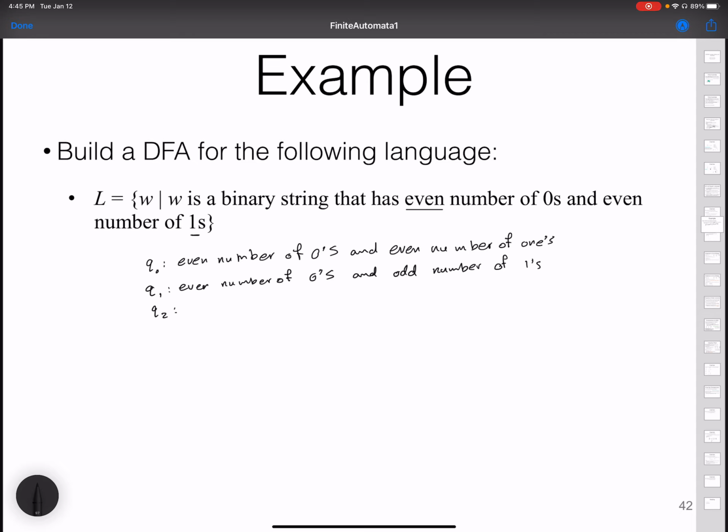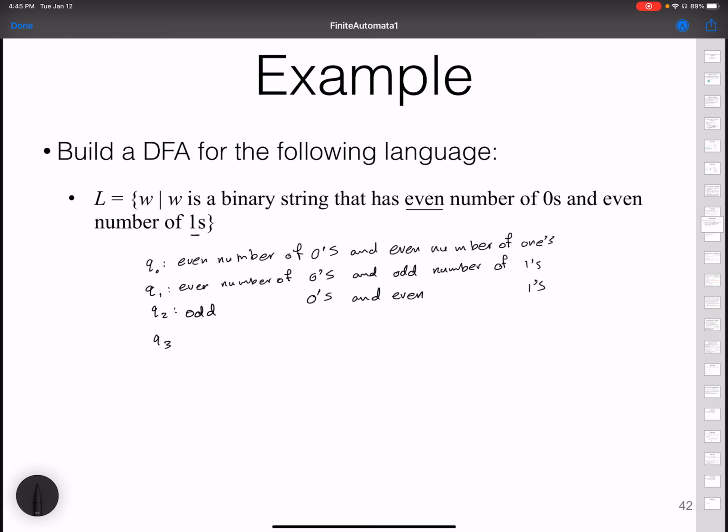Q2, odd number of zeros and even number of ones.